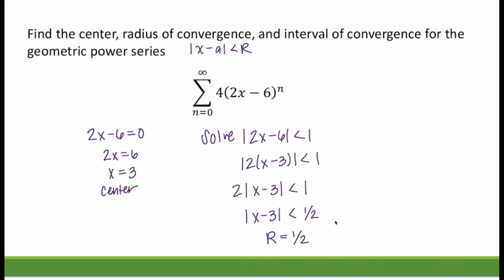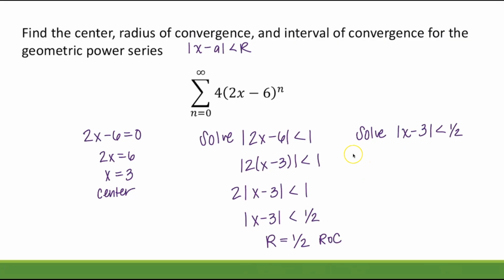Now I want to go ahead and find the interval of convergence. So I could have solved this original inequality, but that's equal to this inequality. Doesn't really matter. I'm going to go ahead and solve the one down here. The absolute value of x minus 3 is less than 1/2. We're going to go ahead and rewrite this as negative 1/2 is less than x minus 3 is less than 1/2. And then we'll go ahead and add 3 to all three parts of the inequality.